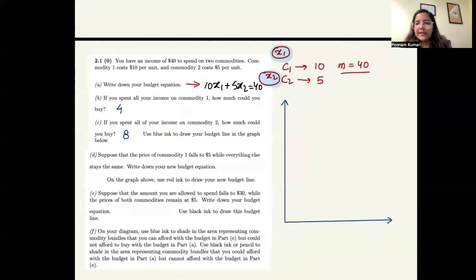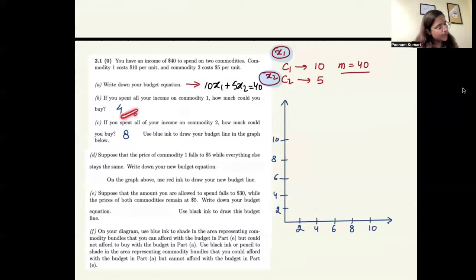But let me just make it for you. ठीक है. तो फिर मैं कहाँ कहाँ पे ये points put करूं?